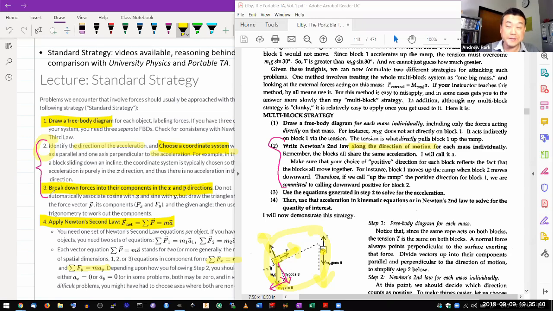One additional thing: he calls it a multi-block strategy, but if you have a single block, you can use the exact same strategy. The difference might be that with many single-object situations, a lot of you might feel you have enough intuition to get to the answer without going through this complicated strategy. For many of you, that might be true, and if you say, I just want to skip right to the answer, there's nothing wrong with that.